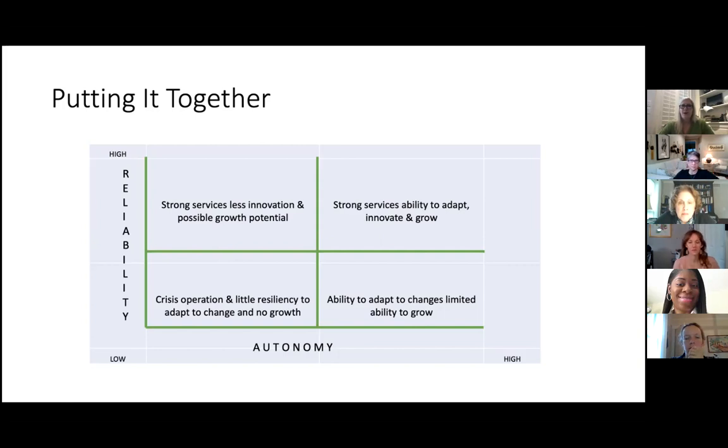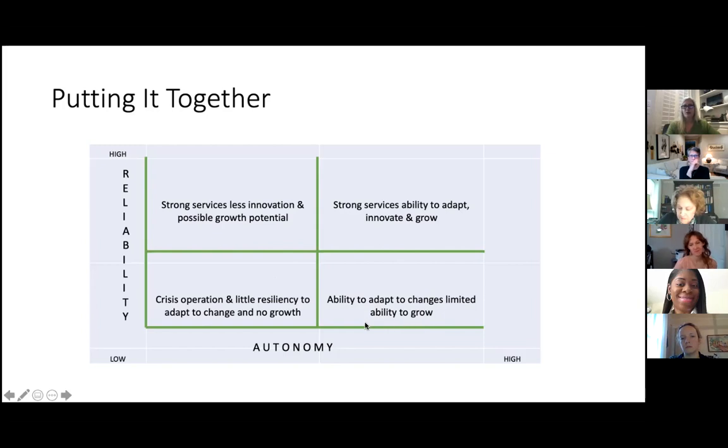Where we can count on a market to purchase because we've done that research and we've got a brand and all of the infrastructure built, and we've got a margin going on that is spewing capital into operating or innovation. If we keep going around the circle, we've got high autonomy and low reliability.